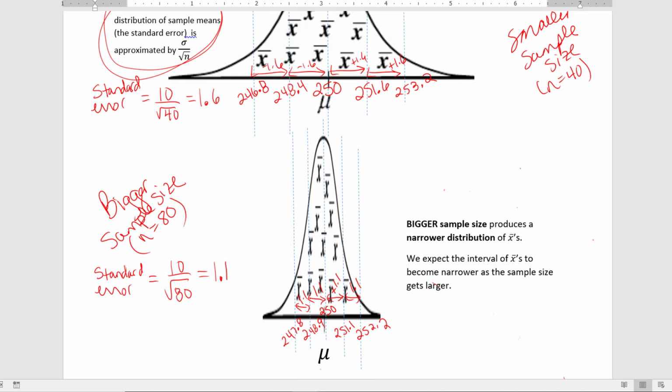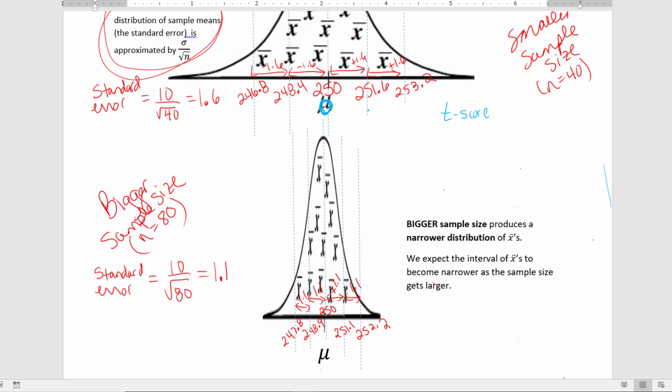Each vertical line corresponds to a standardized statistic distance. So the standardized statistic on this distribution would be the t-score. I'm going to label those in blue. So the t-score of 250 would be 0, because it's 0 standard deviations away from the mean.